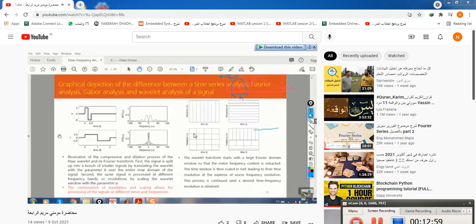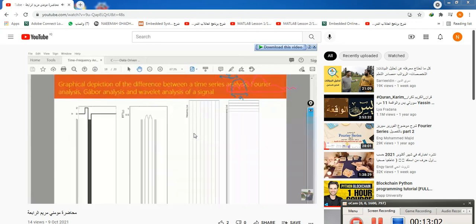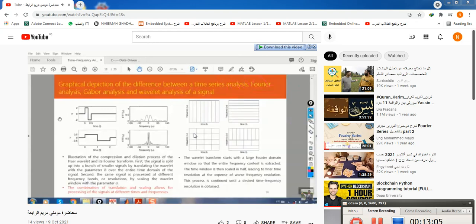For instance, we have a half wavelet. You see its shape here. Okay, and if we scale it, the frequency resolution also changes. Here, this duration is larger than this duration. Then in the frequency domain, it is inverse. The frequency resolution is better than the upper diagram.